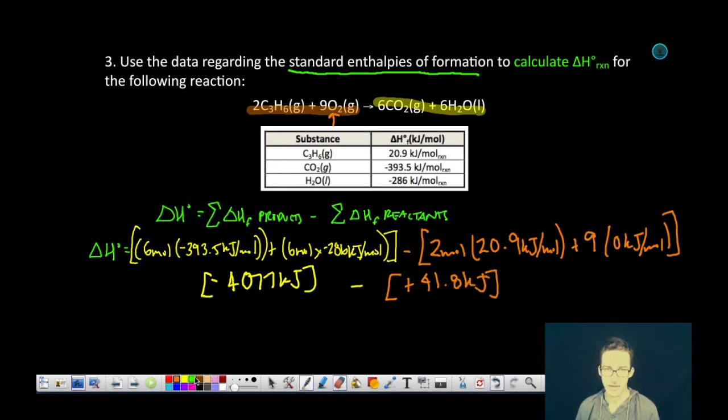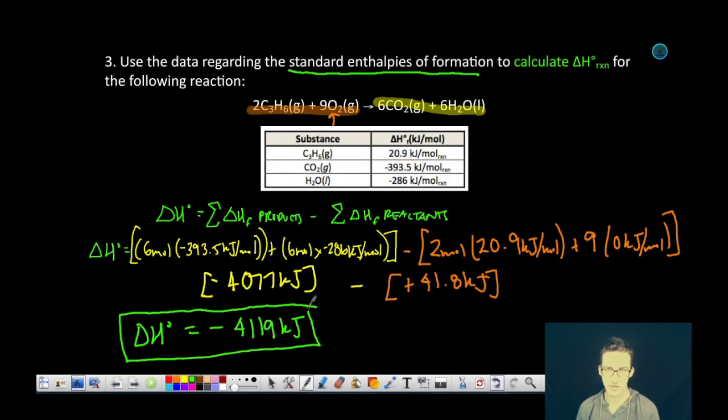And if we subtract those two, we end up with an enthalpy change for the reaction of negative 4,119 kilojoules. Again, remember sig figs: I'm subtracting here, so I'm going to go with the measurement with the fewest digits to the right of the decimal, which is our enthalpy change for the products. There are no digits right of the decimal. So we're going to end up with an enthalpy change that looks like this.